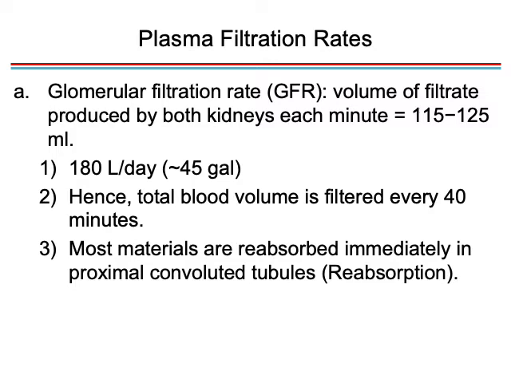But wait, I hear you claim, depending upon the size of you, you have between 4 and 6 liters of blood. Am I losing all that blood? Remember, this is just getting filtered. Most of the material, water, salts, sugars, amino acids, etc., get reabsorbed, thankfully.